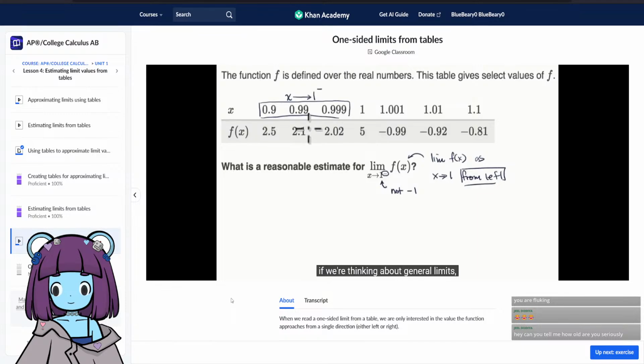Key realization here: thinking about general limits just from one direction. If they only ask for f, it confuses, and oftentimes the limit is approaching a different value.